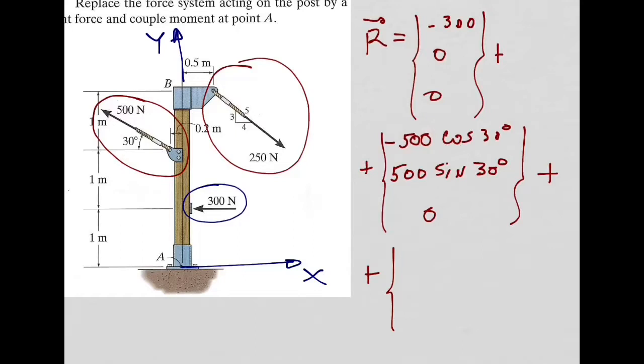You tell me, horizontal component: 250 times 4/5. Is it? Is the sine of that angle, right? Is 4/5.